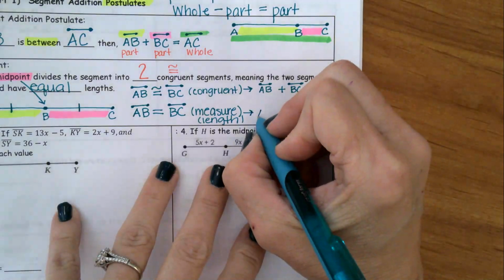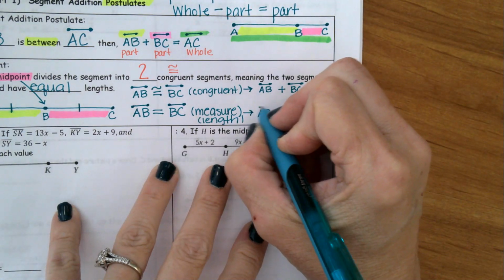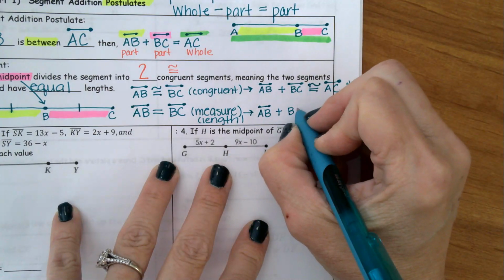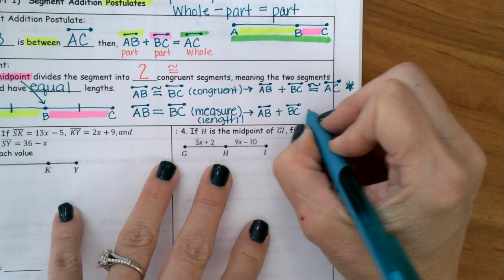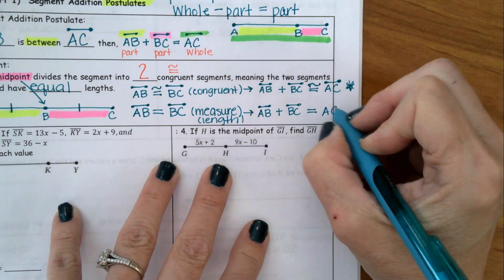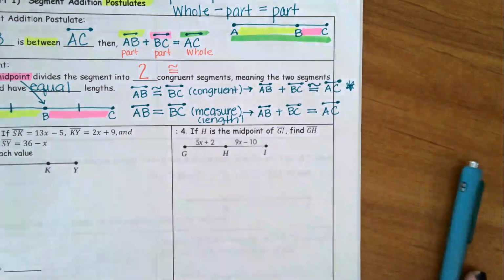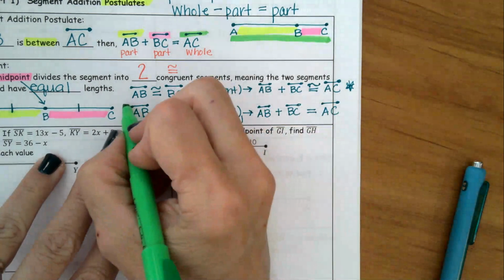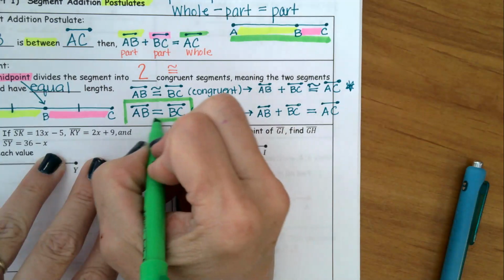All right, here we go. AB plus BC equals AC. Oh, it looks just like we did a minute ago. Okay, here's the deal. Do you see this statement right here?